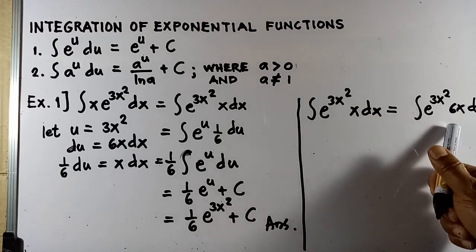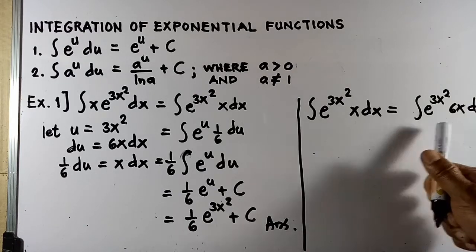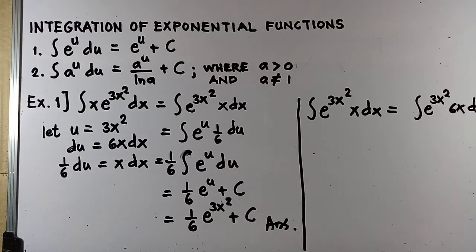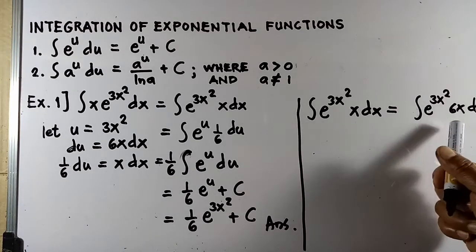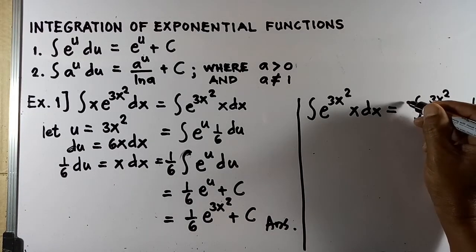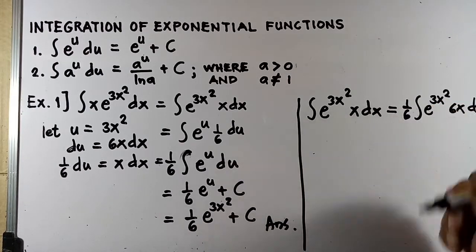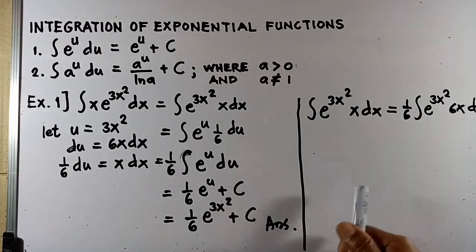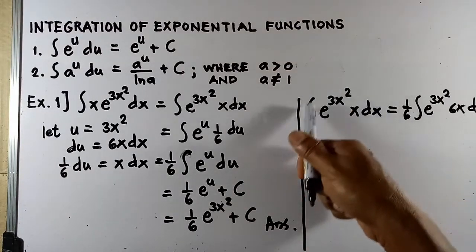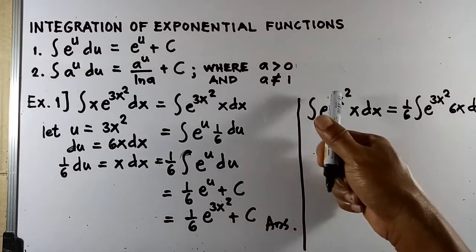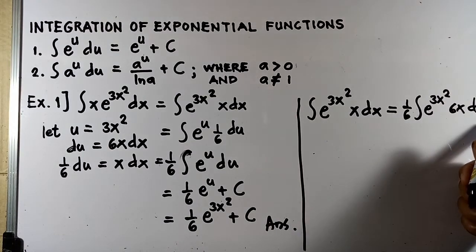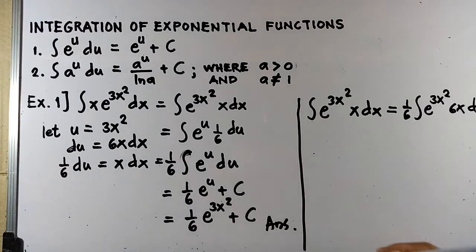So, ito na yung derivative ng 3x squared. So, para hindi mabago yung problem, at the same time, dapat ay magmultiply din tayo ng 1 over 6. So that 1 over 6 times 6 is 1. So the same problem pa rin. Equal pa rin itong integral na ito dito sa ating problem.